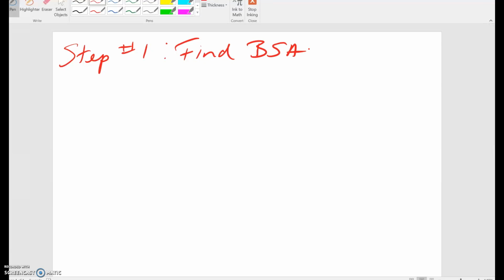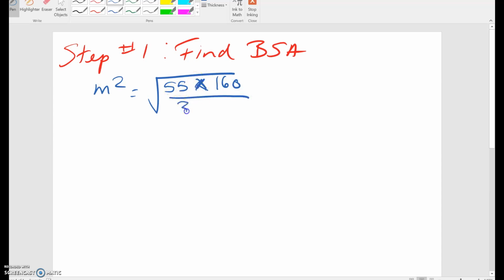Since the patient's height is in inches, we're going to use the body surface area formula where we take the square root of 55 inches times their weight in pounds, which in this case is 160 pounds, and you're going to divide that by 3131. So far, I've set the problem up correctly.